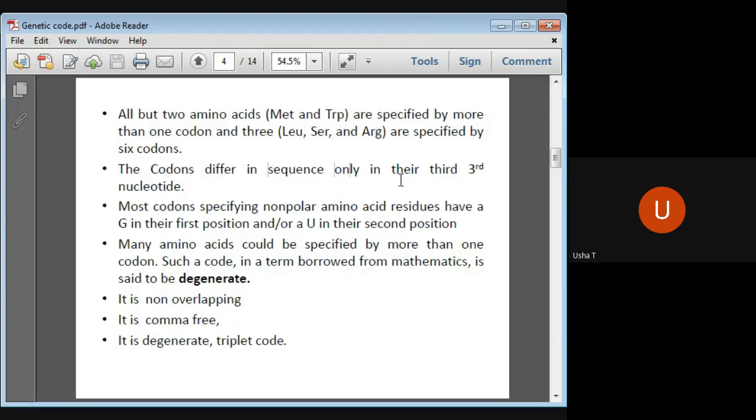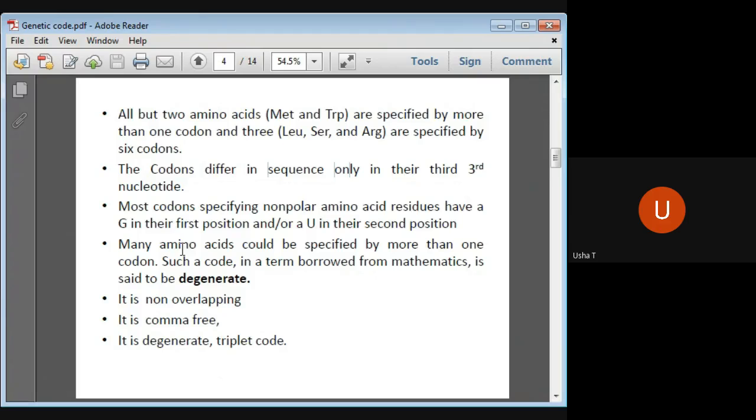The codons differ in sequence only at the third position. Most codons specifying non-polar amino acid residues have G in their first position or U in their second position, and the amino acids can be specified by more than one codon. Therefore, the genetic code is degenerate.